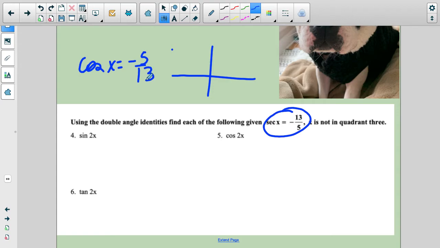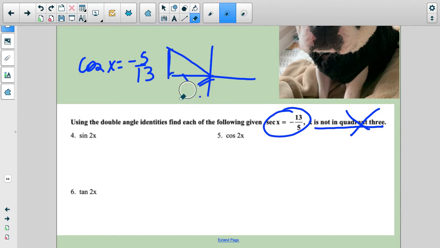You'll draw a triangle. Now, if secant and cosine are negative, it's got to be either here or here. It's not in quadrant 3, so where is this gonna have to be? In quadrant two. On a test, I would say it's in quadrant two. Now, cosine is -5.